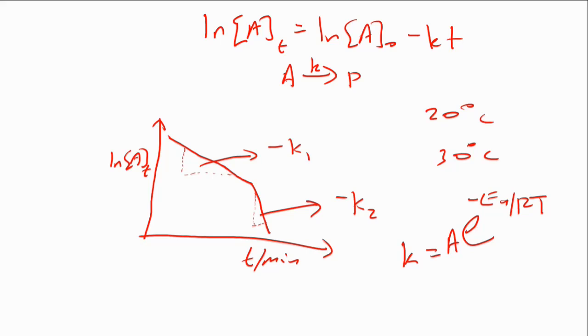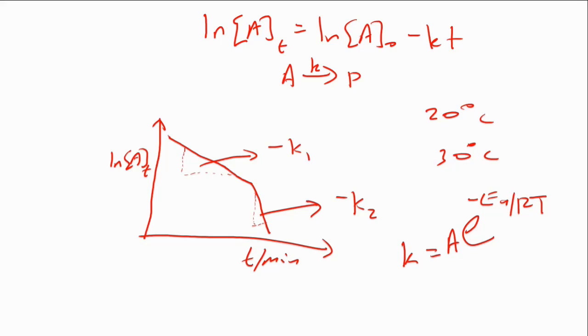Now, look at this question. It's a very interesting one. Let's say you're given some experimental data, concentration and also time data. And you were told that after 10 minutes, the temperature was increased from 20 to 30 degrees Celsius. Remember, you must always work with your temperatures in Kelvin once you're going to make use of them.